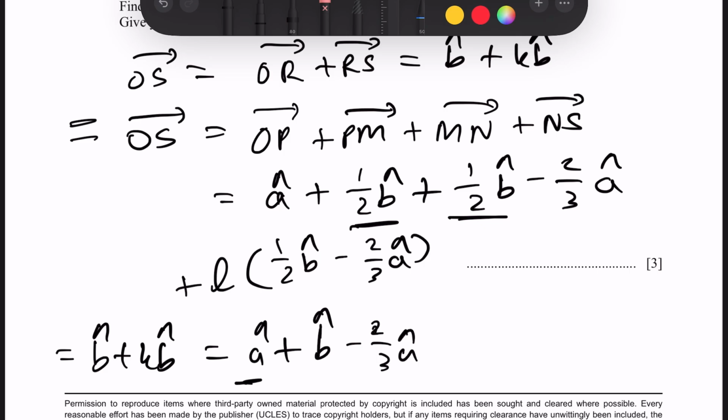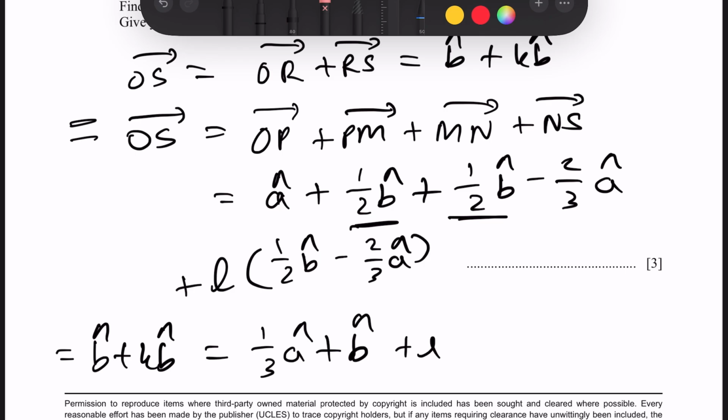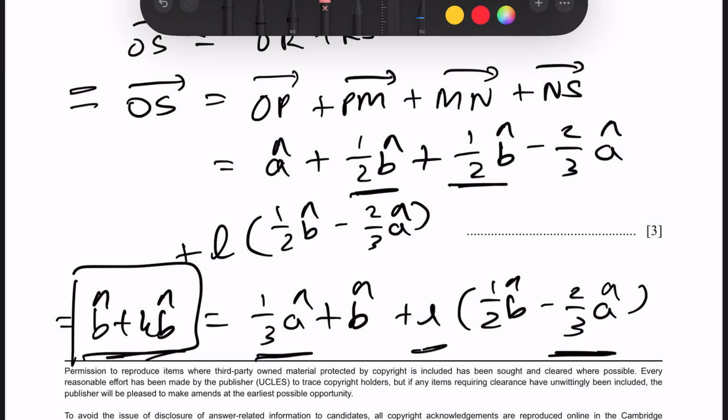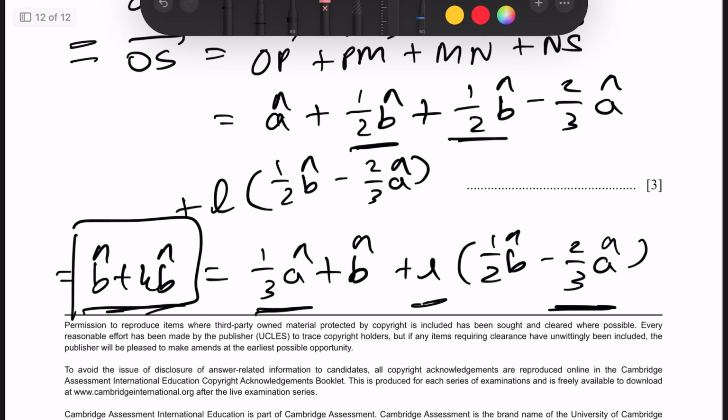So we can combine A and 2 by 3A to produce 1 by 3A plus B plus L times half B minus 2 by 3A. So since this side has no A component, this means that 1 by 3A plus L times negative 2 by 3A would be equal to 0.